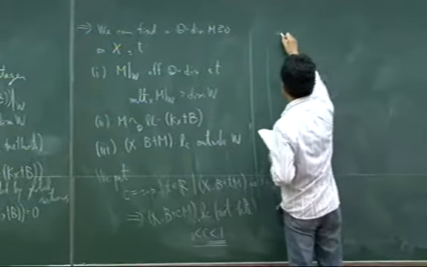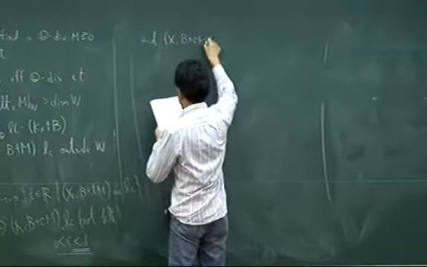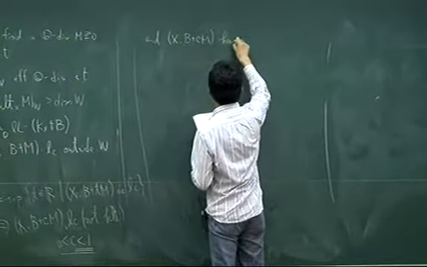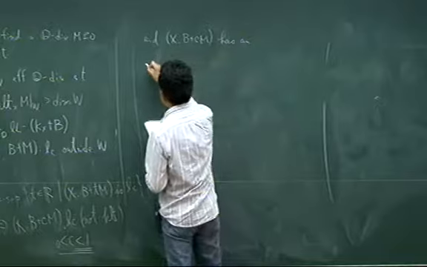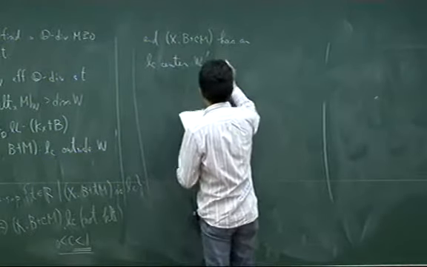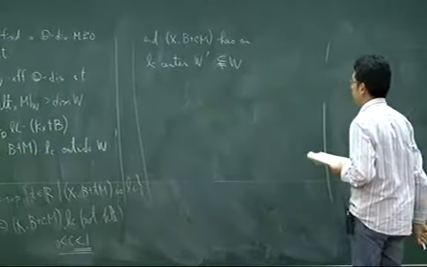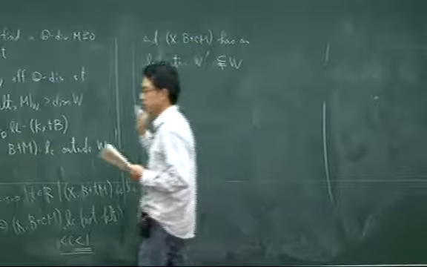And this new pair (X, B plus cM) has a log canonical center W' which is strictly contained in W, by using corollary 3.